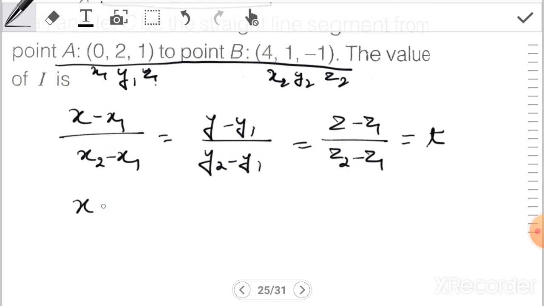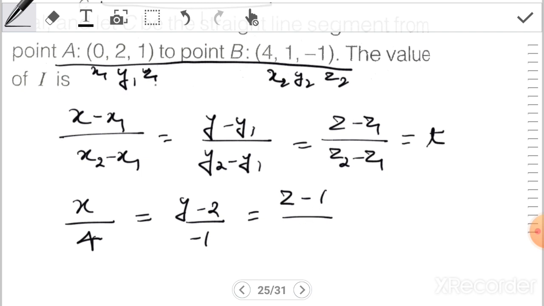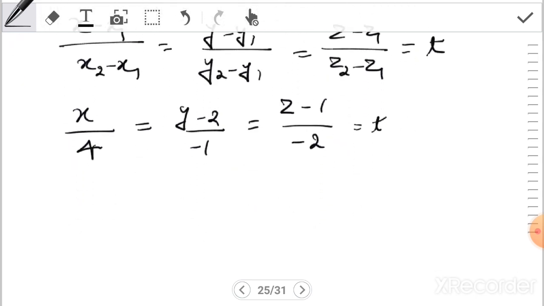So (x minus 0) by (4 minus 0), (y minus 2) by (1 minus 2, which is minus 1), (z minus 1) by (minus 1 minus 1, which is minus 2). So x is equal to 4t. Okay.